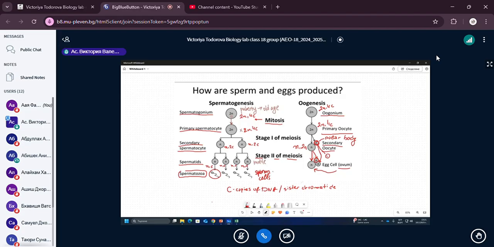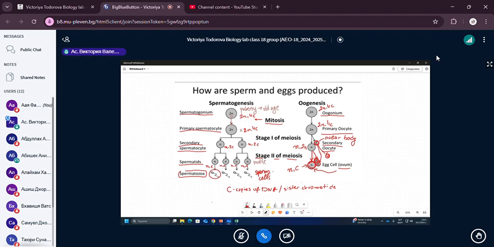So at the end, you can see there are 4 cells: 1, 2, 3, 4. We talk about that in meiosis. The result is 4 haploid cells, all of them haploid with 1 copy of DNA inside.